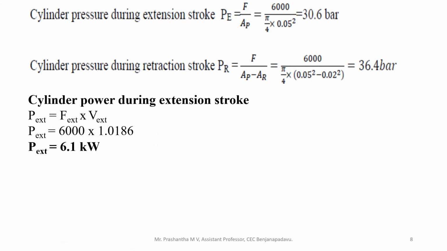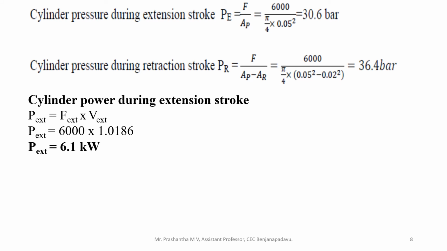Now we'll move on to cylinder power during extension stroke. Capital P, power extension, equals force extension into velocity extension. Here, power extension equals force extension, which is 6000, into velocity during extension. See here, 1 meter per second.